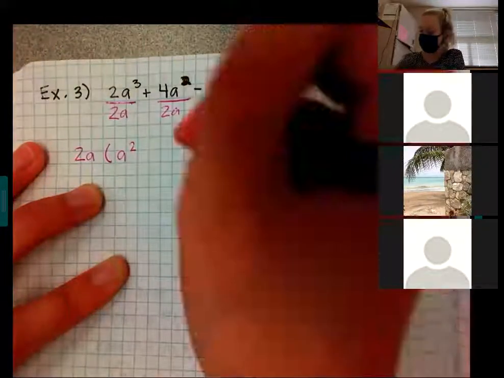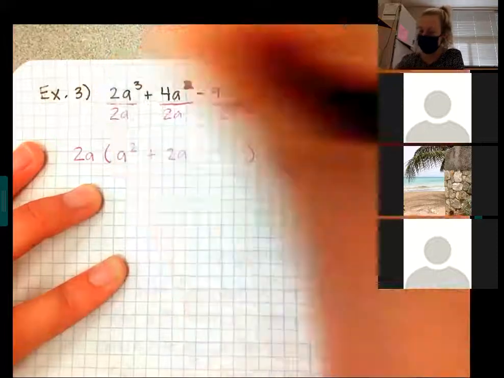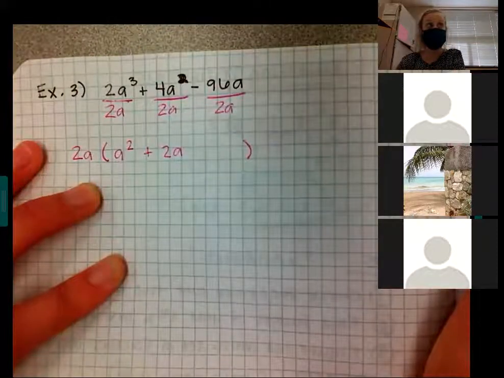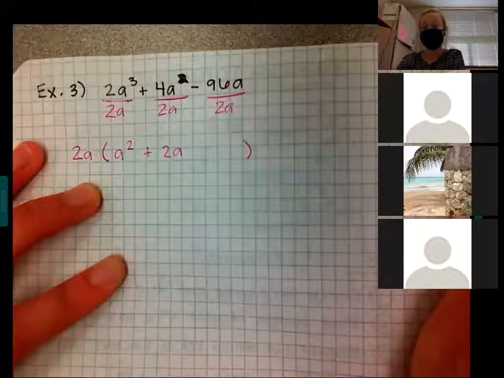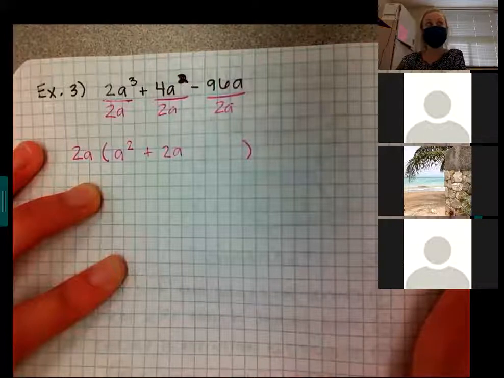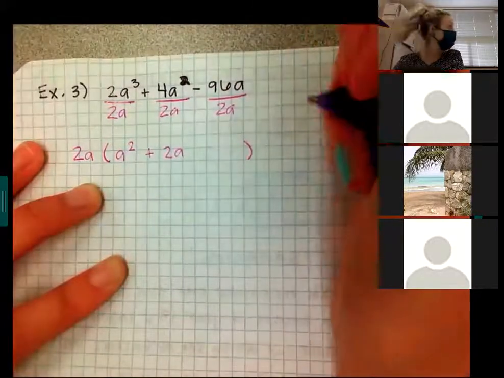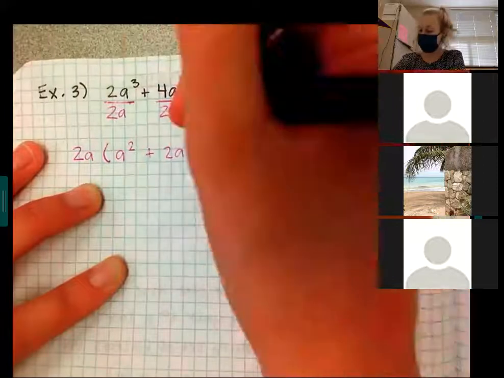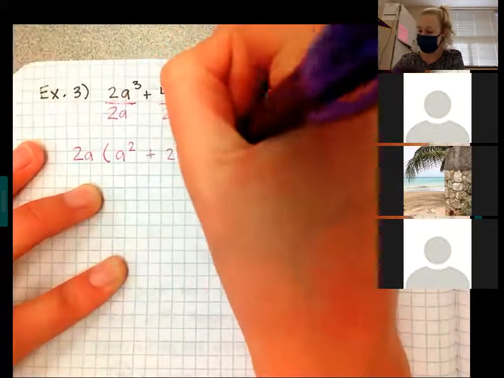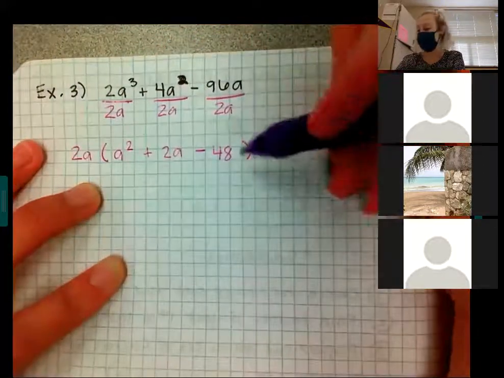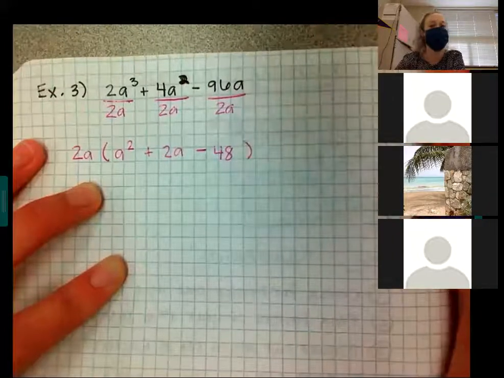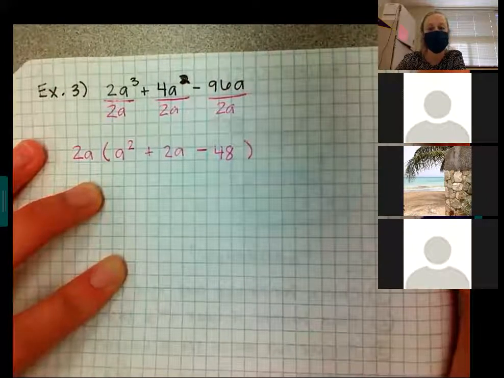Good. A squared plus 2A, 40. You're close. It is 40 something. 48. It's okay. Remember, 8 and 8 will make 16, so you got to carry the 1. 48. Good.